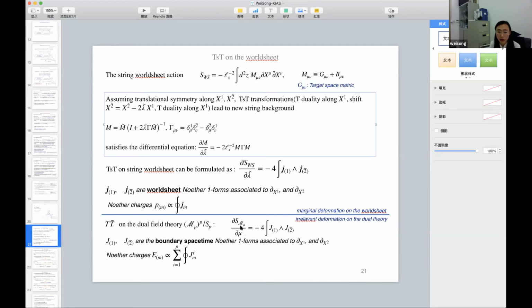Namely, the dual field theory action, taking the derivative with respect to the deformation parameter, is also the product of two Noether currents. And the Noether currents on the worldsheet and the Noether currents in this dual field theory have a one-to-one correspondence.